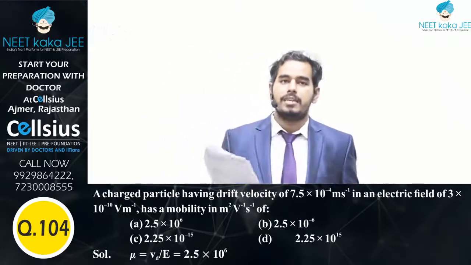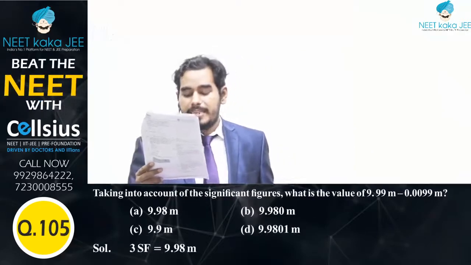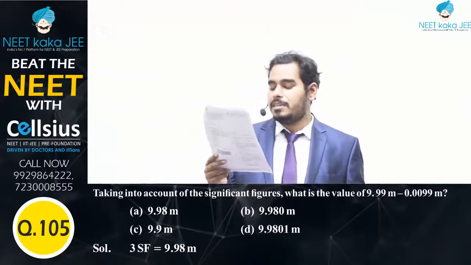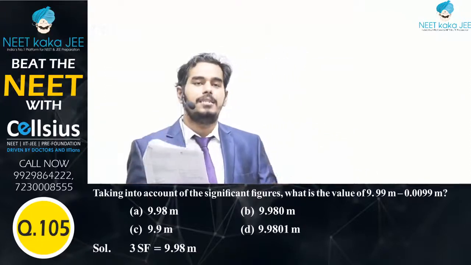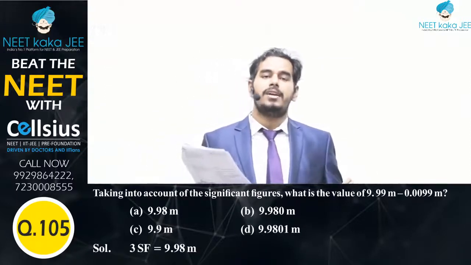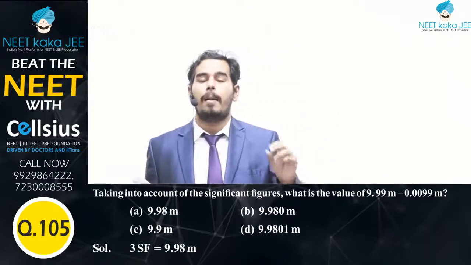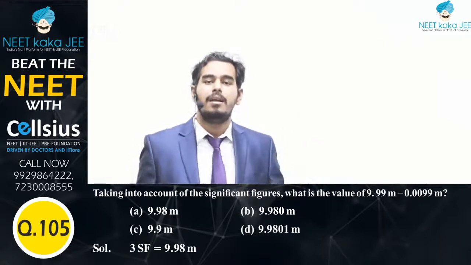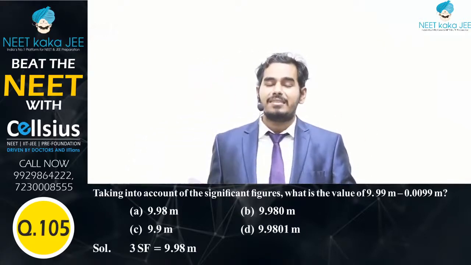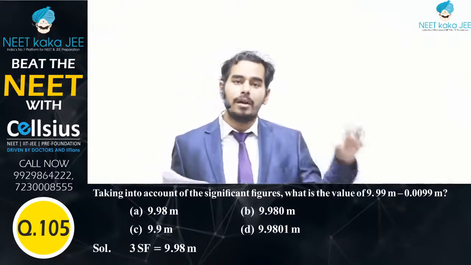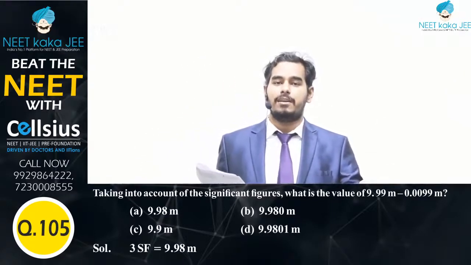Okay, now the next question is, taking into account the significant figures, what is the value of 9.99 meter minus 0.0099 meter? Now, from the rule of significant figures, you already know that the number of significant figures that is going to appear in the final answer must be equal to the number of significant figures in the quantity having the least number of significant figures.